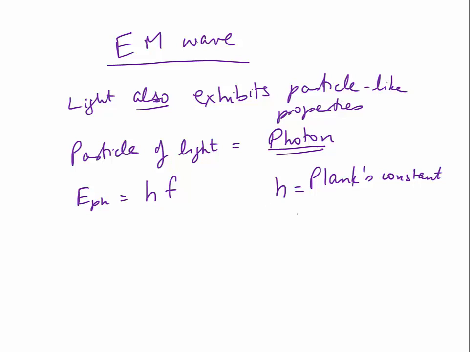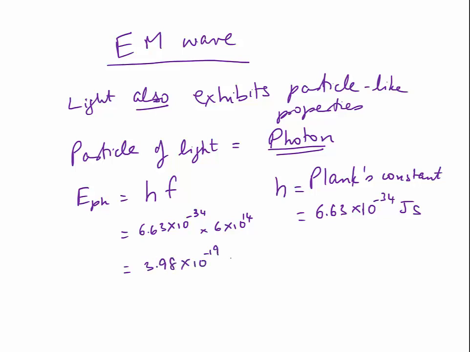And this Planck's constant is a universal constant, and the value is 6.63 × 10^-34 joule-seconds. So for the photon that we just worked with in the middle of the visible spectrum, which had a frequency of 6 × 10^14 hertz, we can now figure out what its energy is going to be. So this would be 6.63 × 10^-34 times 6 × 10^14 hertz. So this will give me a value of 3.98 × 10^-19 joules.